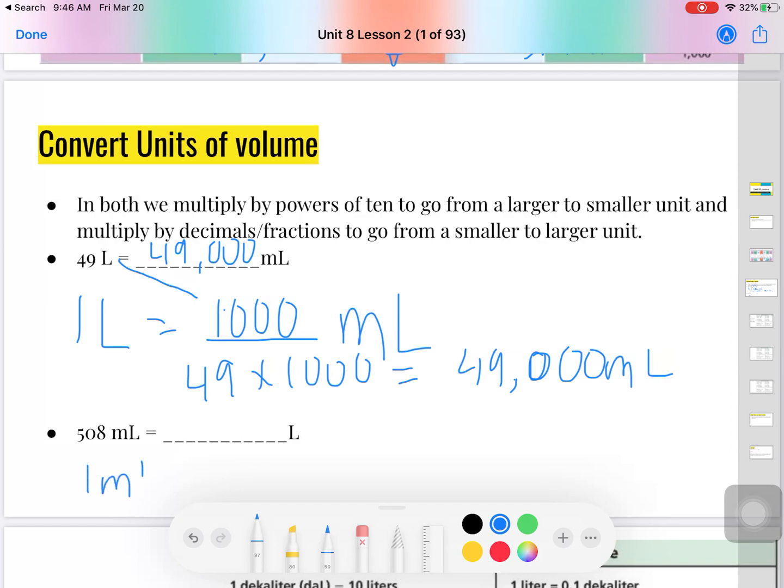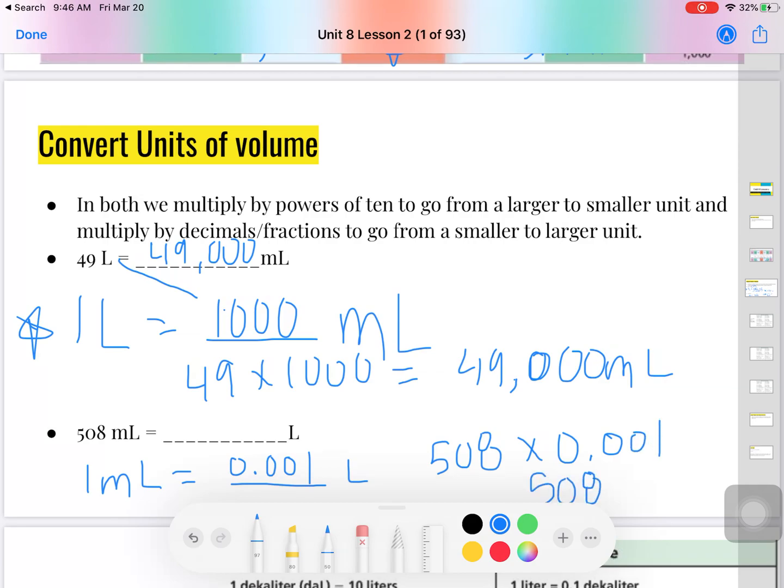Same thing if we're going to start with that milliliter equals blank liters. Now what's really nice is I'm doing the opposite of what I did here. So I have the decimal version. I'm going to have the opposite. So 1 milliliter is equivalent to 1/1000th of a liter. So I'm going to take 508 times 1/1000th.